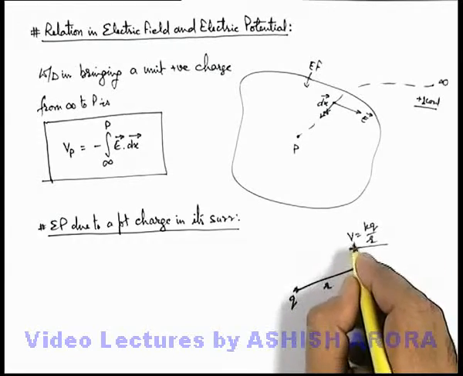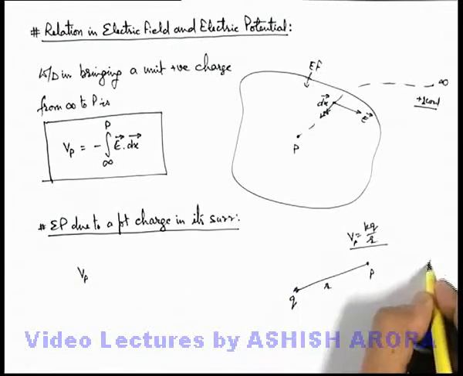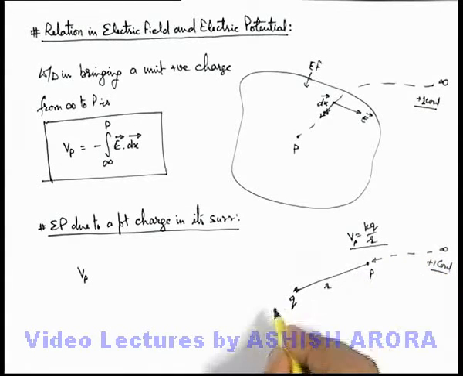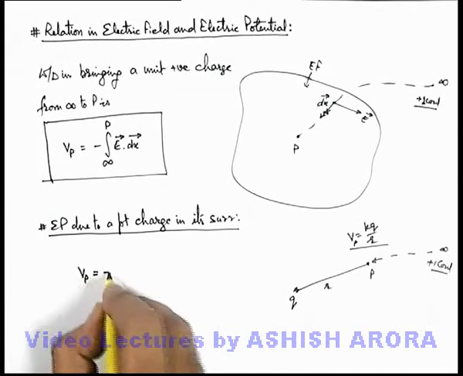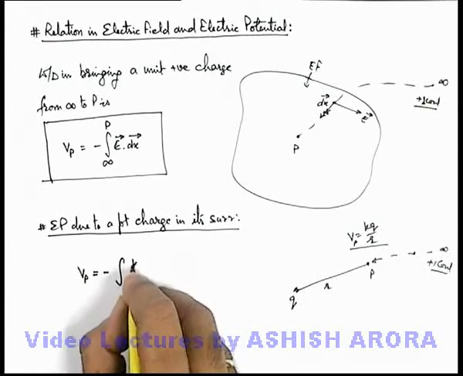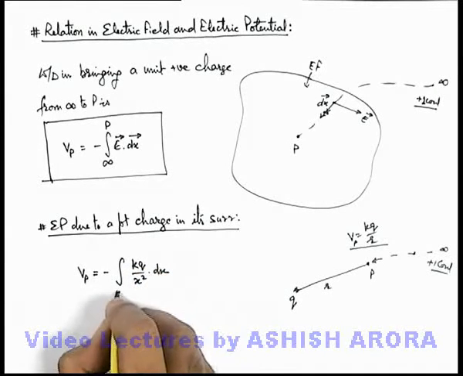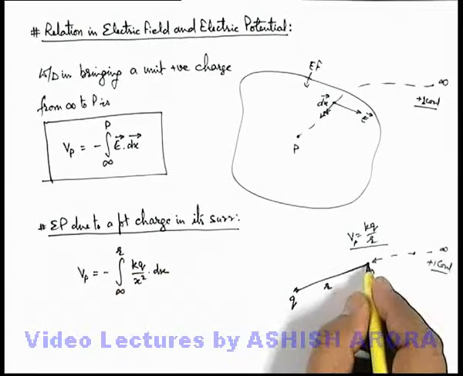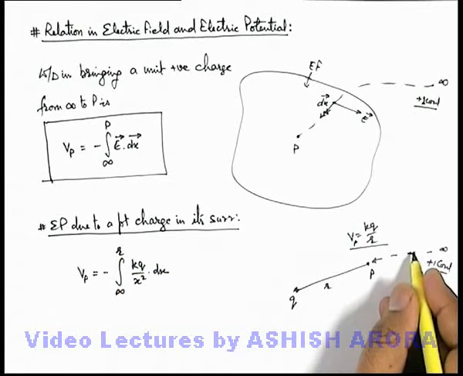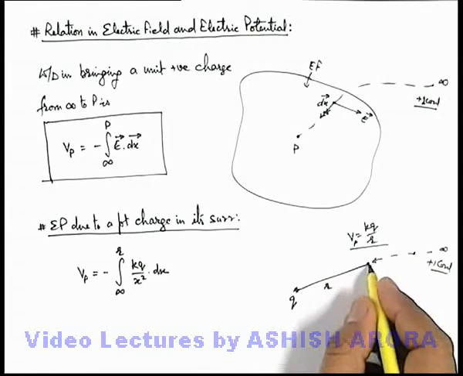The same expression can also be calculated by using this result, because when we bring a unit positive charge from infinity to point P, the potential can be written as negative of integration of the electric field in its path at a distance x, which is kq by x square dot dx, from infinity to r, because point P is located at a distance r, and at a distance x we have placed the unit charge which is brought towards the point P.